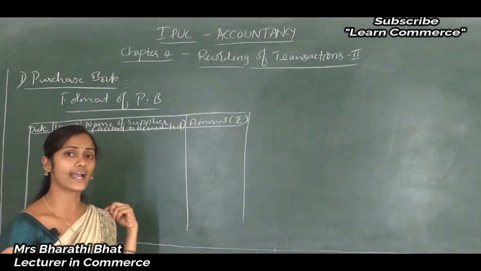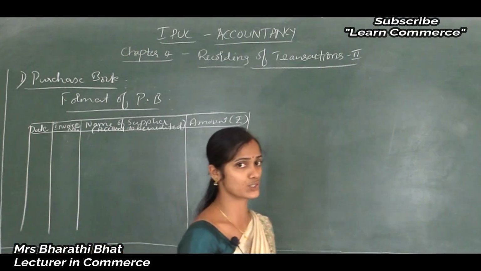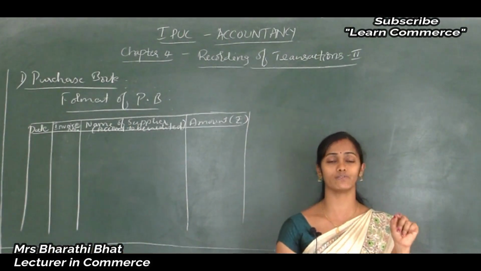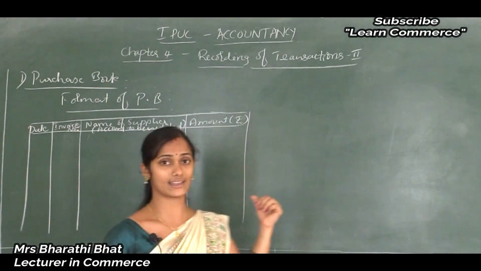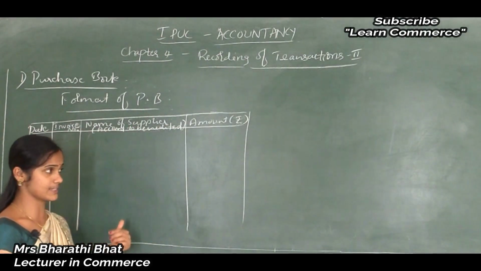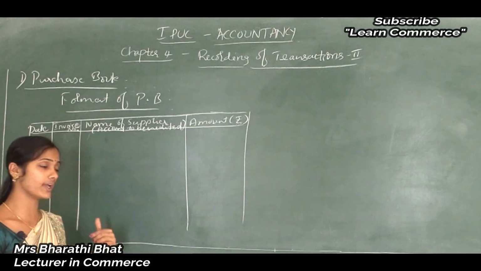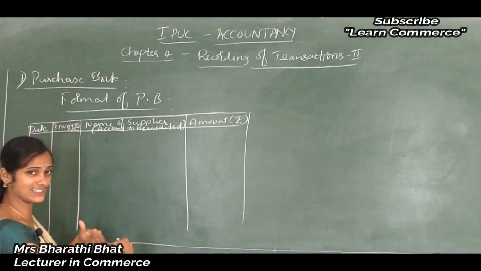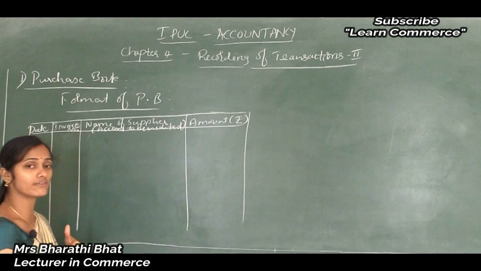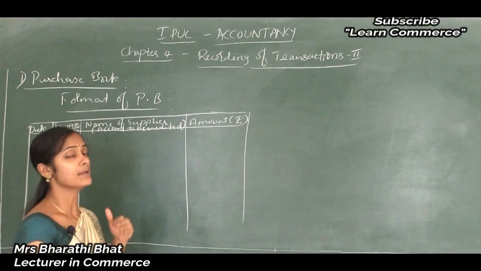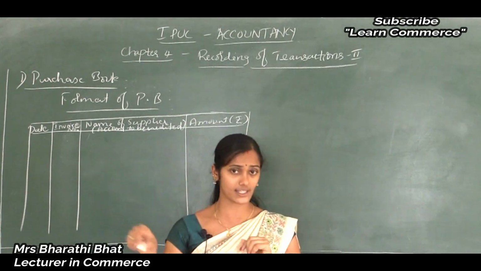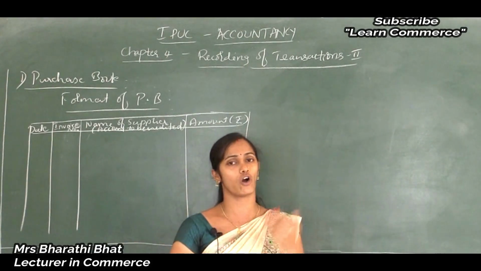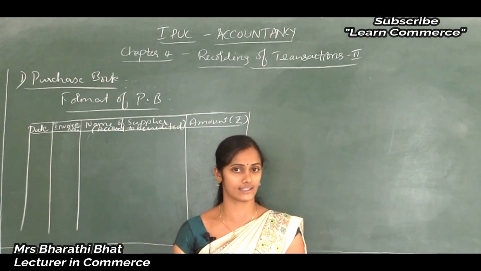And if any cash transaction is given in that illustration, then for that transaction we have to give a note. We should not record that transaction in this purchase book or in this subsidiary book. Instead, after totaling the purchase book, we give a note that the transaction dated on such a date will appear in the cash book or journal proper or any other book.